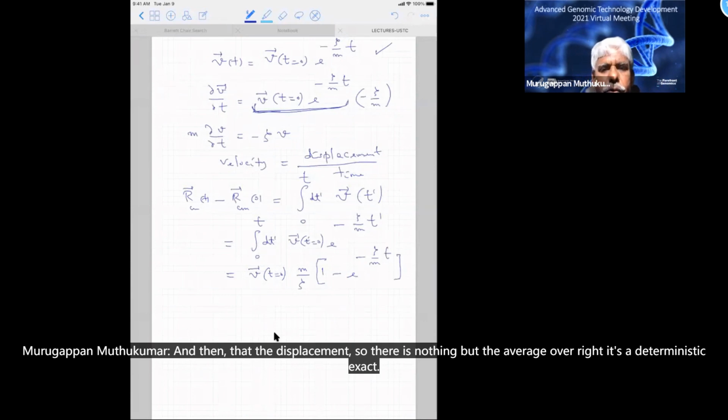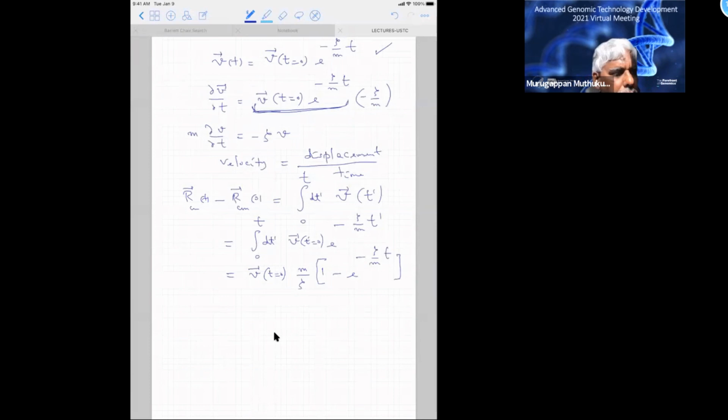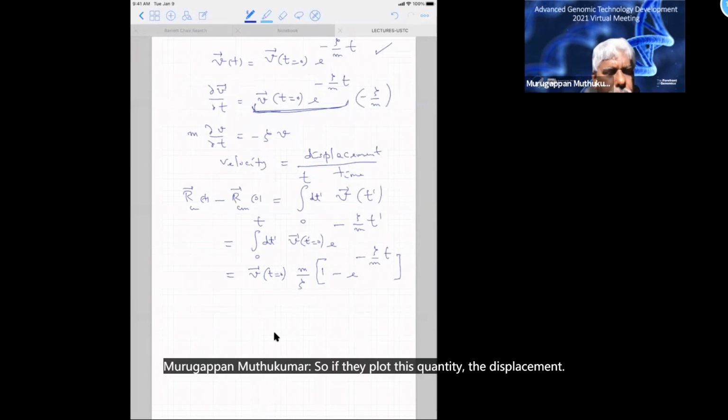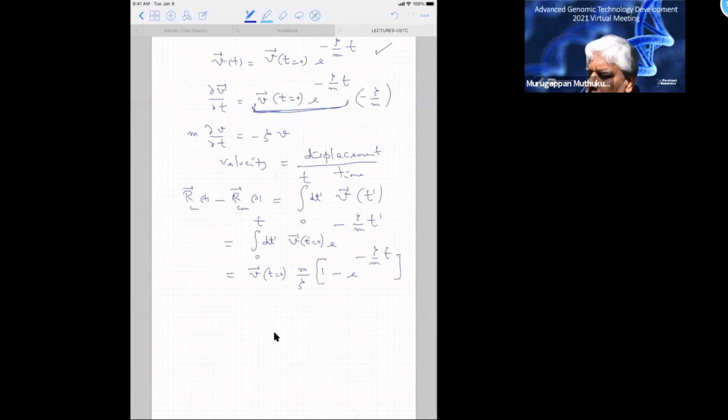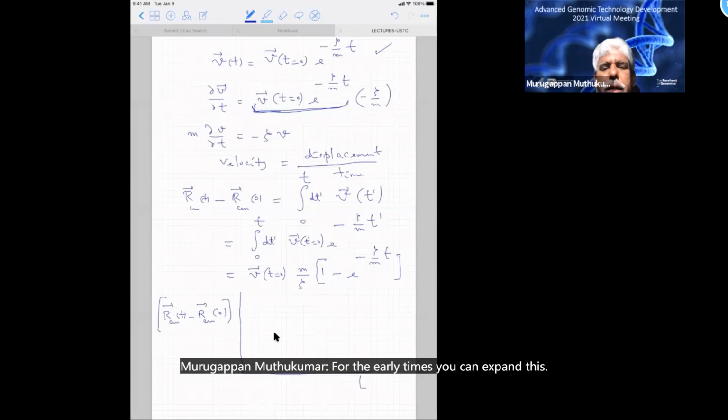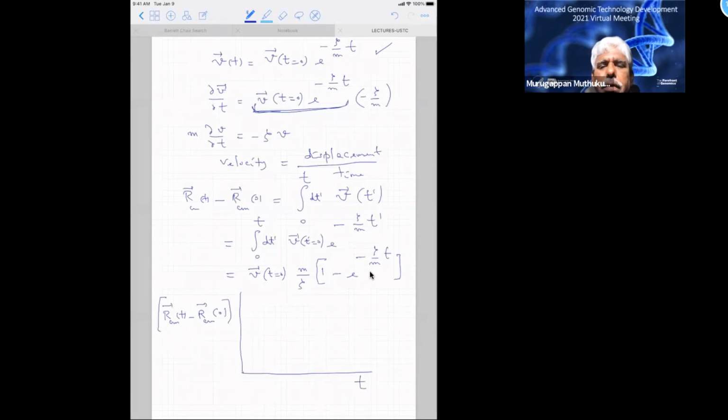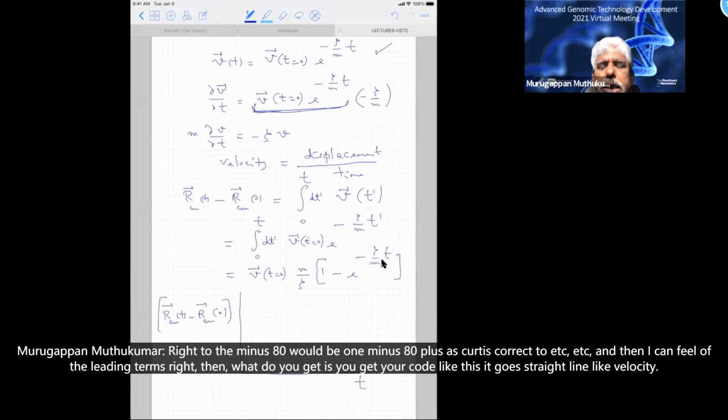So there is nothing to average over, right? It's deterministic, it's exact. So if I plot this quantity, the displacement, as a function of time, for early times you can expand this. e to the minus at would be 1 minus at plus a squared t squared by 2, etc. Then I cancel out the leading terms, and you get a curve like this.